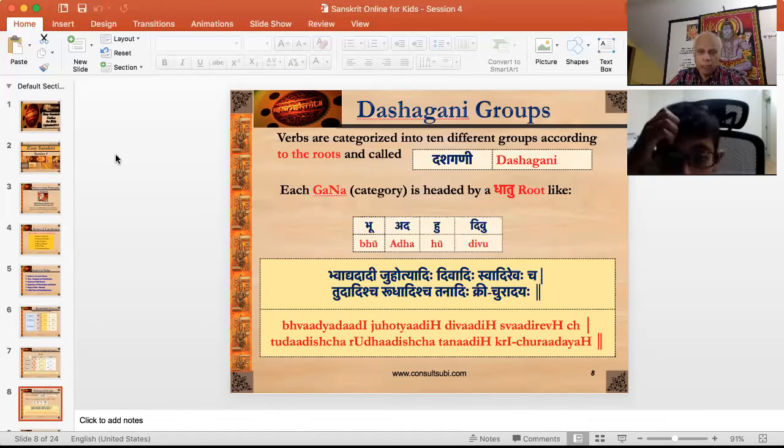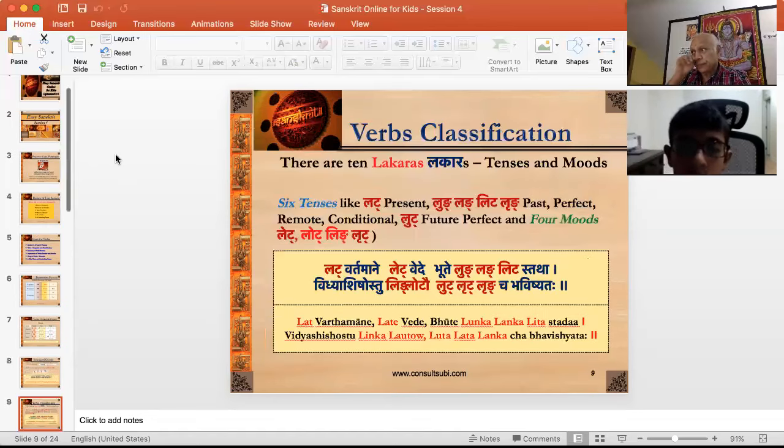Okay, don't worry too much about it. I'm just giving you that this is a grouping or categories based on roots of Sanskrit dhatu. Dasha Gani. Okay, let's see what's next. You also have another classification of verbs based on the tenses, like present tense, past tense, future tense, past perfect.